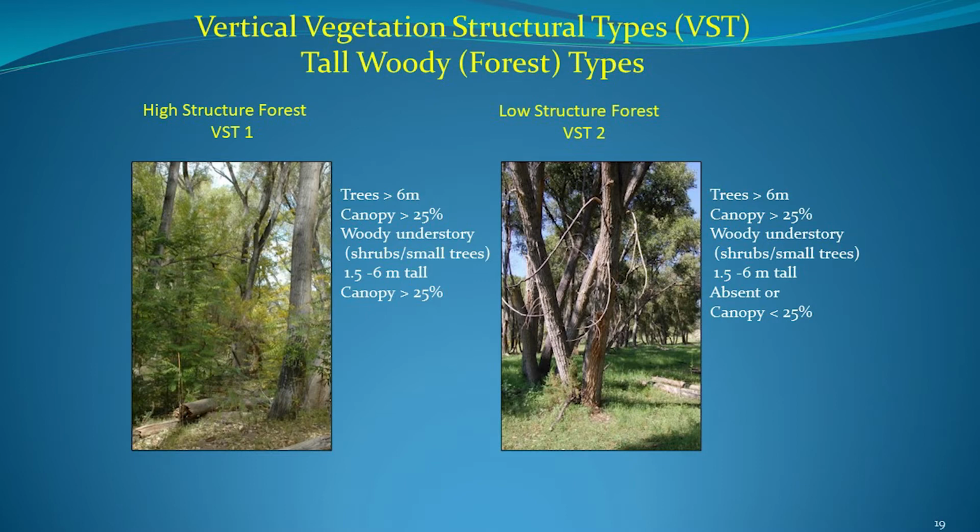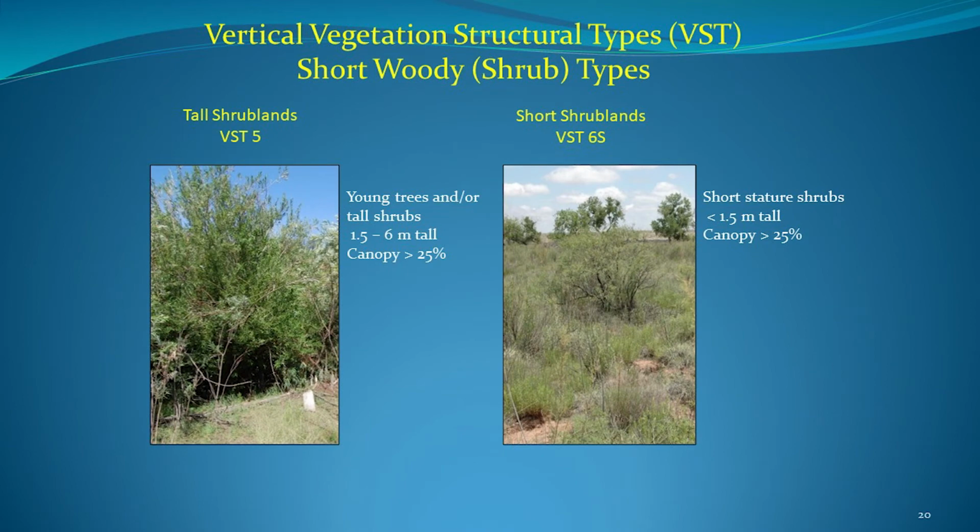Okay, so let's go on now to slide 20, which is our two short woody vegetation structure types. We have a tall shrubland, which is a VST5, and we have a short shrubland, which is a VST6S. And here you don't have your tall woodies. You might have a single tree in a shrub stand, but you don't have 25% tree cover.